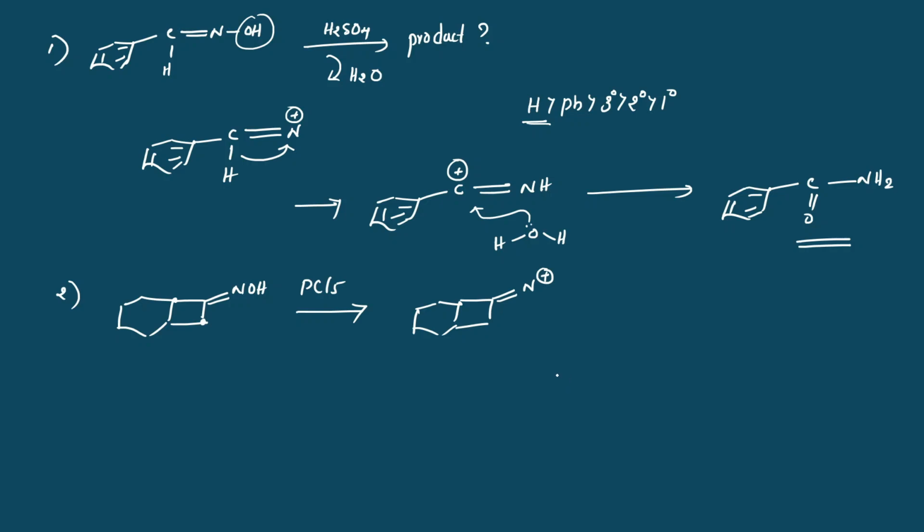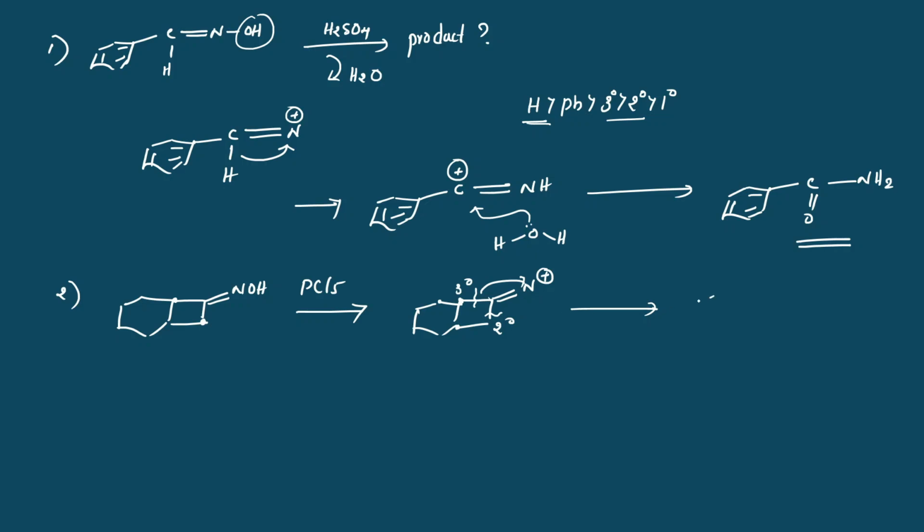Then the next step, you need to know whether this is migrating or this is migrating. If you take this carbon, which is attached to how many carbons? Here one and here one, so this is a secondary carbon. And this carbon is attached to one carbon here, another carbon here, and another carbon here. So this is a tertiary carbon. The migratory order is tertiary greater than secondary, so this will migrate to the nitrogen.